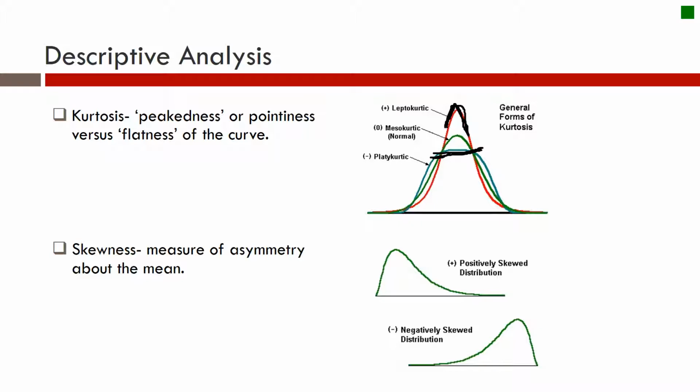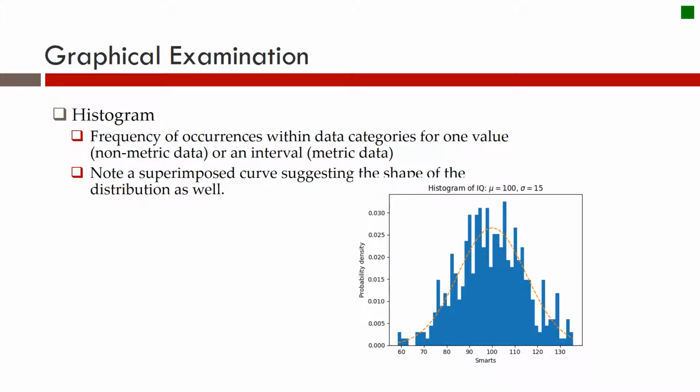Beyond this, we can create charts that help us understand what our variables look like. If we reported our four moments and also created a histogram or some other type of chart, that would help us graphically describe our data. So here's an example with an average of 100 and a standard deviation of 15.